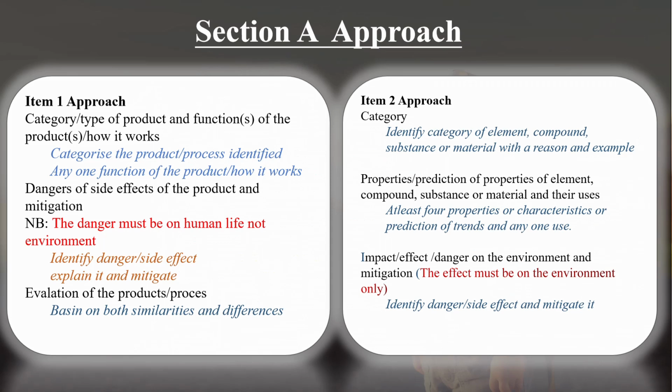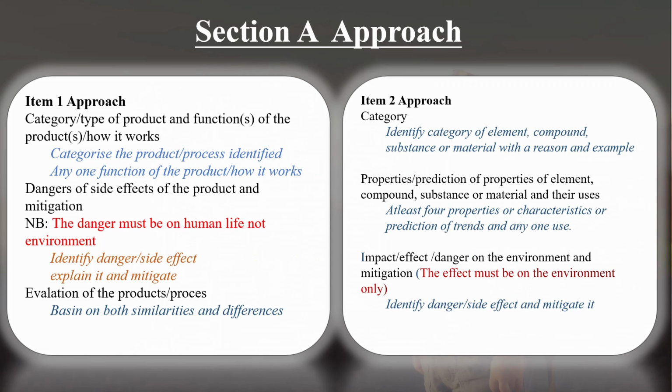Then lastly, you are supposed to evaluate the product or the process. You do this evaluation based on both similarities and differences. It means you have to give differences and similarities. This is only for item 1, section A.